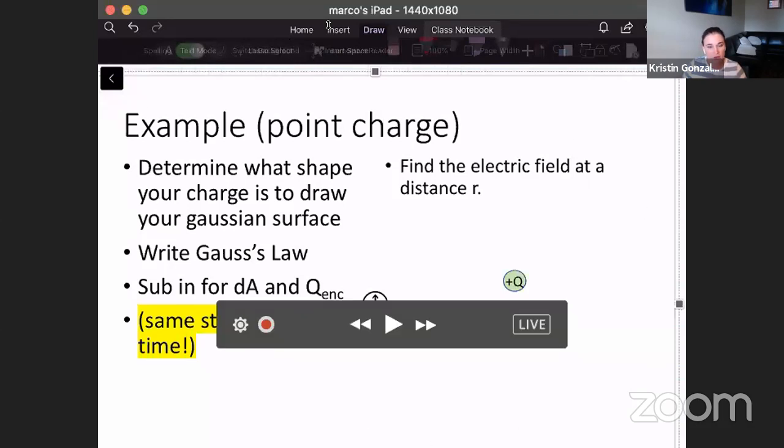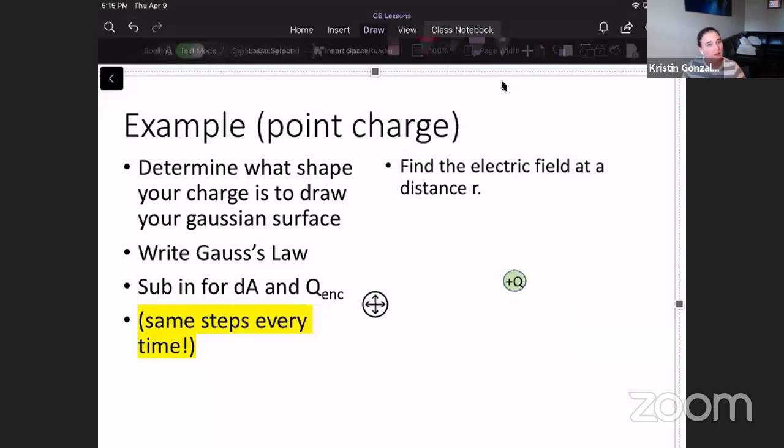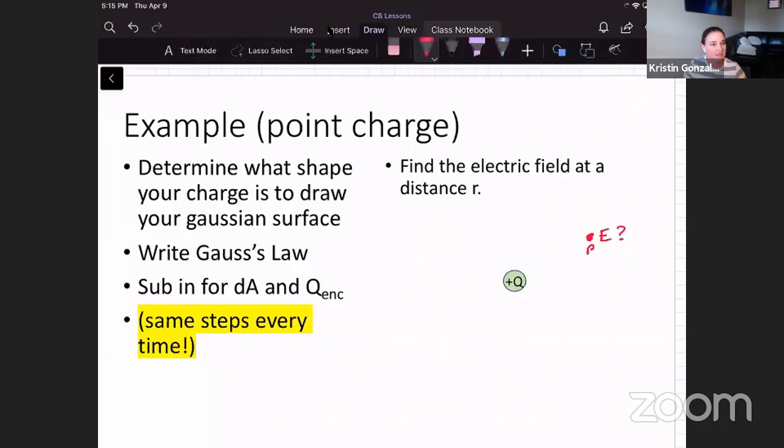My screen is frozen, so I'm probably going to have to switch back over. Gotta love technology. I'm going to switch back over because that's taking way too long to pop up. So let's go back to the PowerPoint.